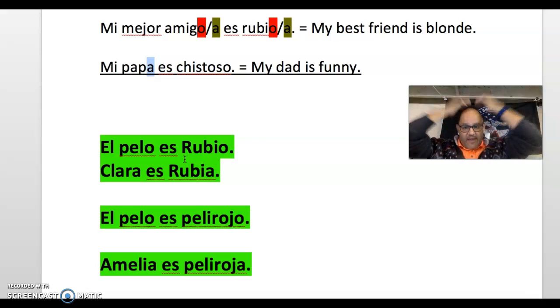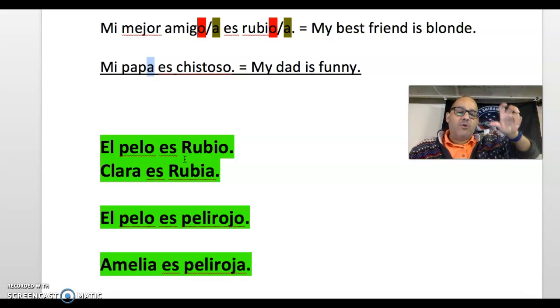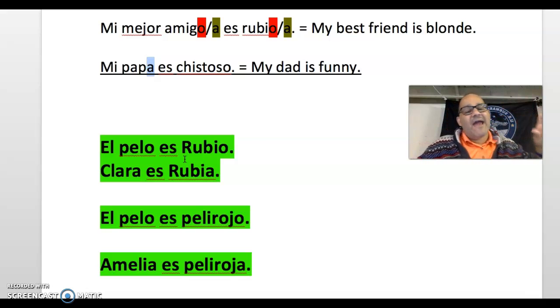But if the hair is on a girl, then when we are describing the person, "la persona" is a girl. So "el pelo es rubio, Clara es rubia." "El pelo es chico," "la Clara es chica." Clara is a girl. So we have to match.